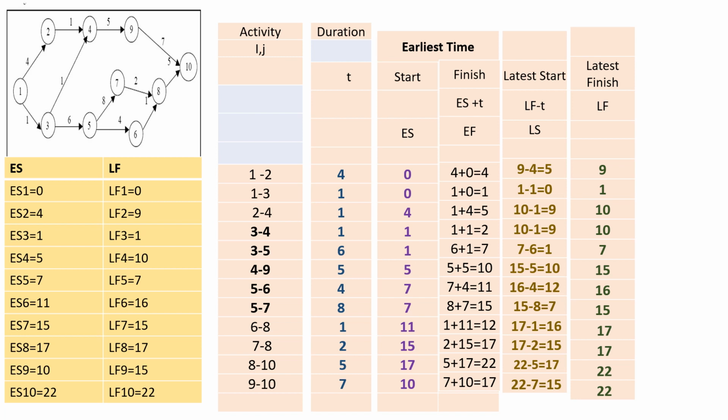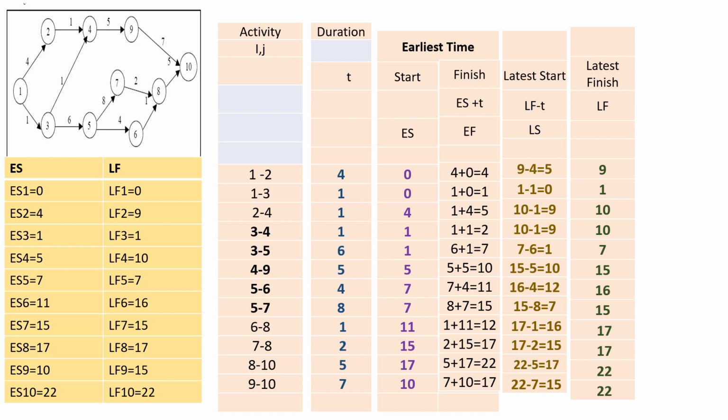We then calculate latest start time for all the activities. The formula to calculate latest start time or LS is LF minus T. For activity 1 to 2, LF is 9, T is 4, so LS is 9 minus 4 equals 5.